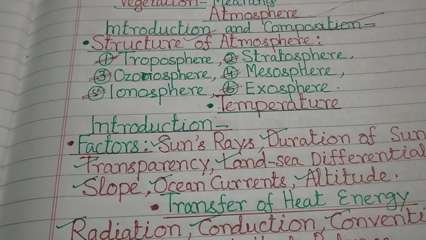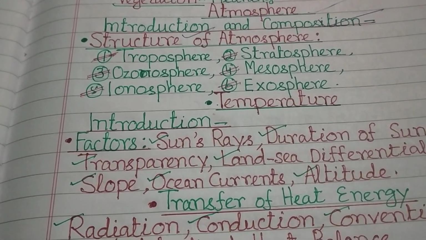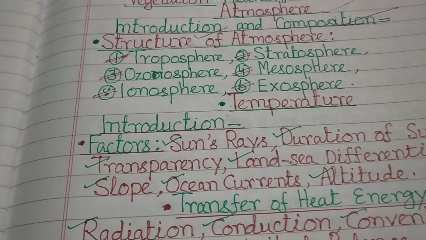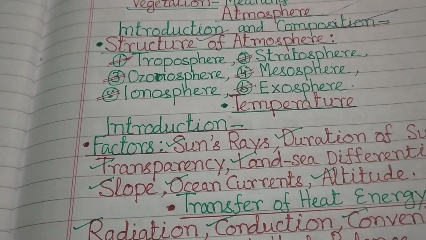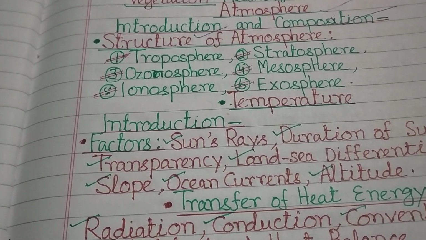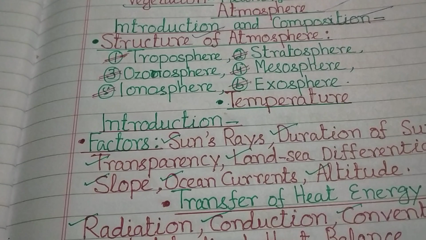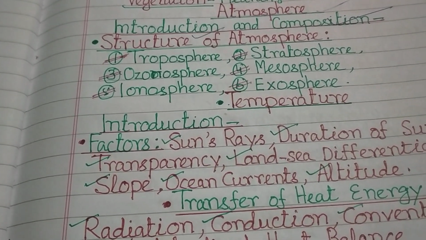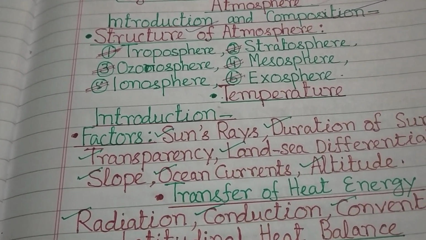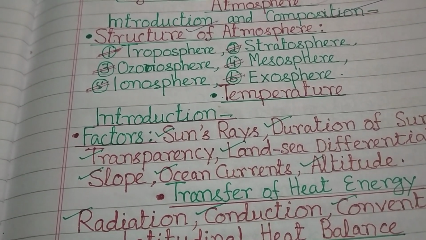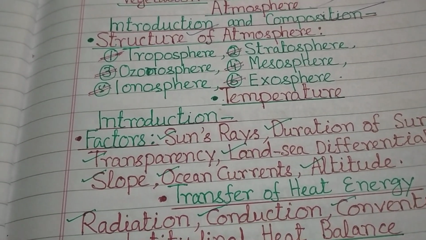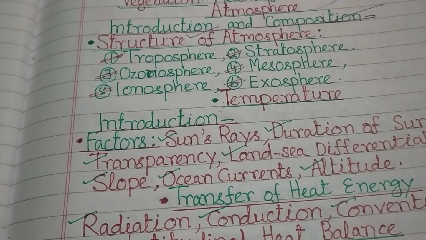Other constituents vary in quantity from place to place and from time to time. If the suspended particles, water vapor, and other variable gases were excluded from the atmosphere, then the dry air is very stable all over the earth up to an altitude of about 80 kilometers.